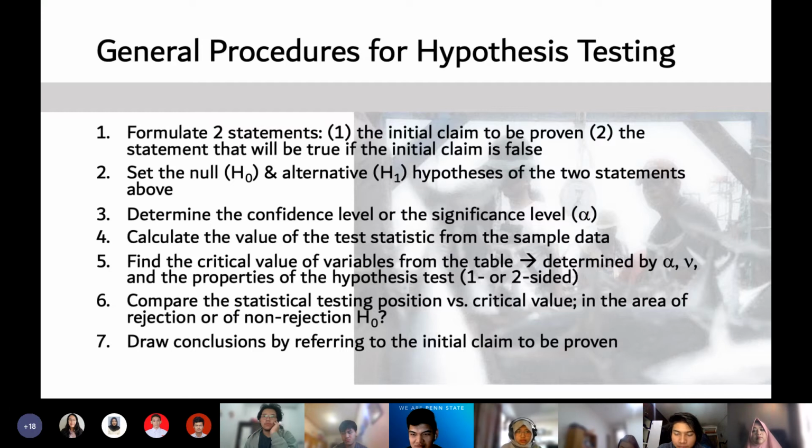Next, we compare the test statistic's position and the critical value, in the area of rejection or in the area of non-rejection of H0. Lastly, we draw a conclusion by referring to the initial claim to be proven.